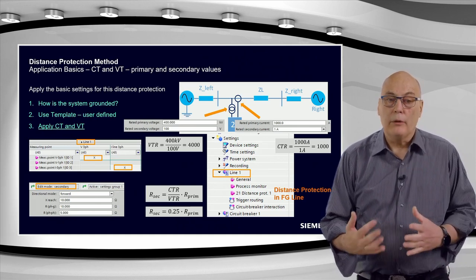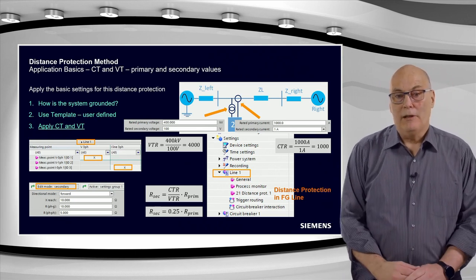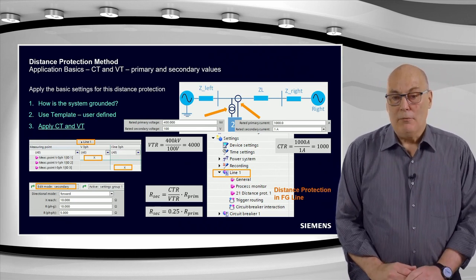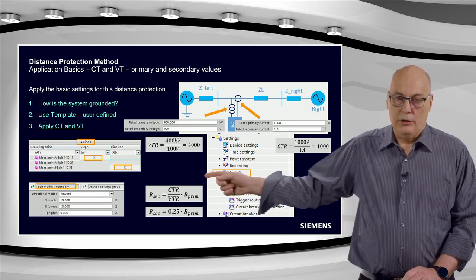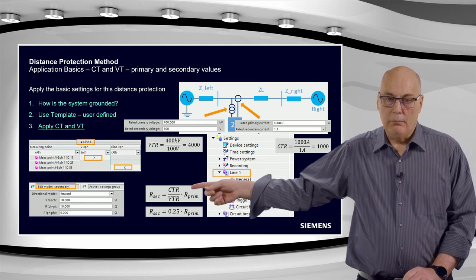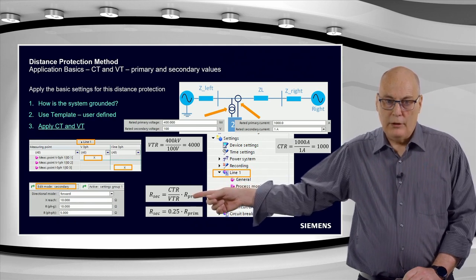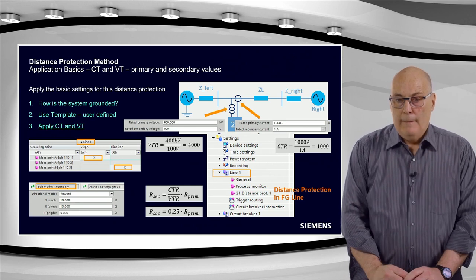You can also apply your settings as primary, so be very, very careful that you don't get that mixed up, because there is a difference. You have to convert the primary to secondary based on the CT-VT ratio. This is the equation you can use, where you take the primary impedance here and multiply with the CT-VT ratio as shown, and then the result would be the secondary impedance.